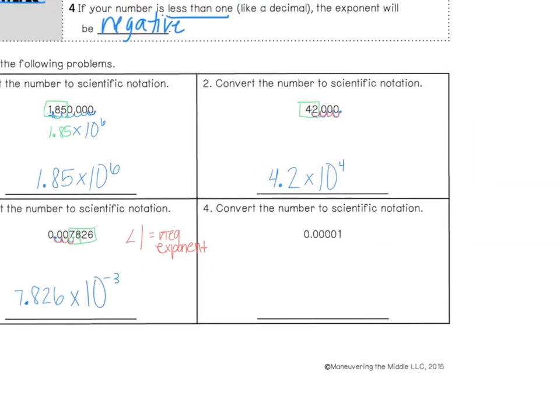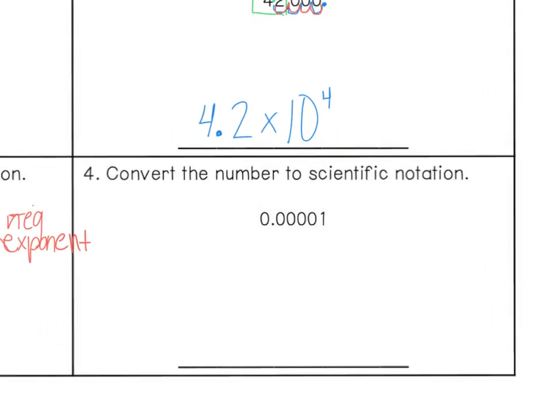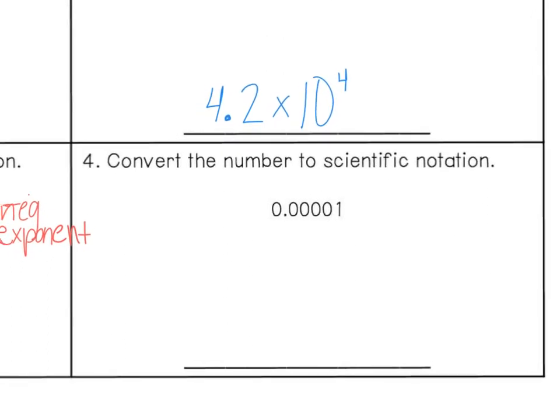All right, next example. Going to start with my decimal right here, and I'm going to move it to the right. 1, 2, 3, 4, 5. So when I put my decimal here, I have a number that is between 1 and 10.